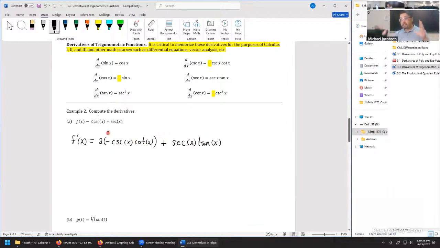You absolutely need these parentheses here because it's not 2 minus cosecant x cotangent x. It's 2 times negative cosecant x cotangent x. For me personally, I would take the extra step just for clarification and rewrite it as negative 2 cosecant x cotangent x plus secant x tangent x.